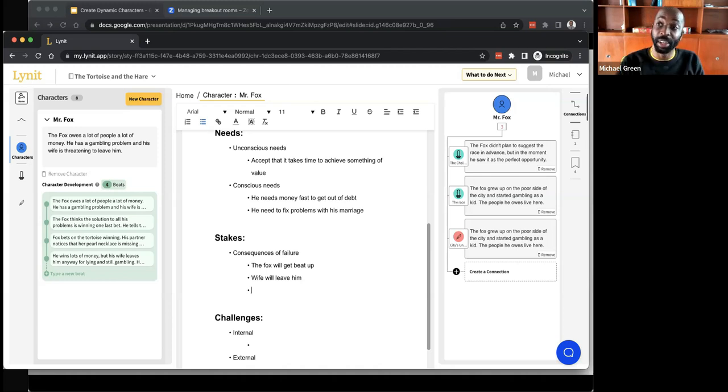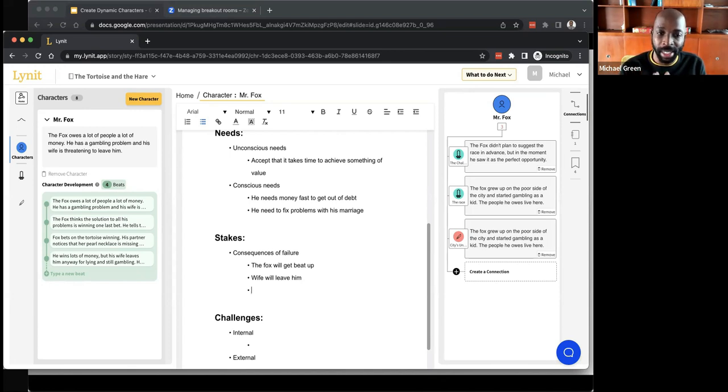Even if he solves those, if he gets past this current issue, because his unconscious need isn't met, he's still going to be experiencing other problems, right? So he may keep gambling, may gamble more or get involved in more risky behavior for things that may have a reward, but some form of gambling, maybe he'll get into crypto.